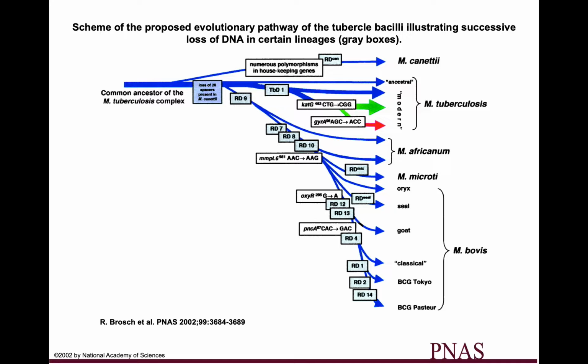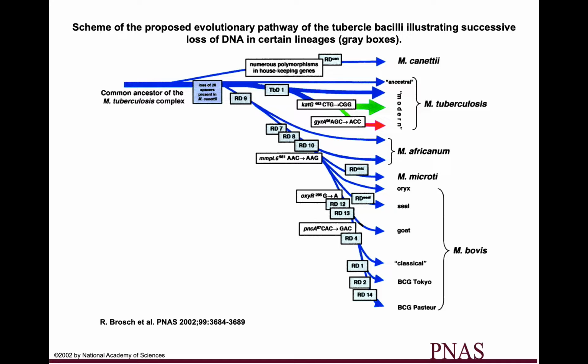And this is a phylogeny that was drawn up in 2002 by Roland Brosch and his colleagues, where they plotted the ancestry of modern TB strains from this TB complex, as they called it, a bunch of related strains that infect various hosts.